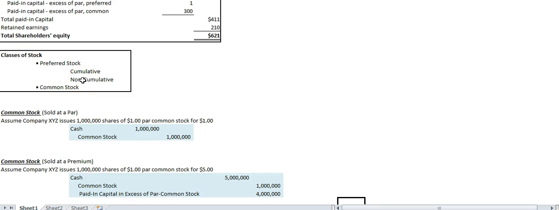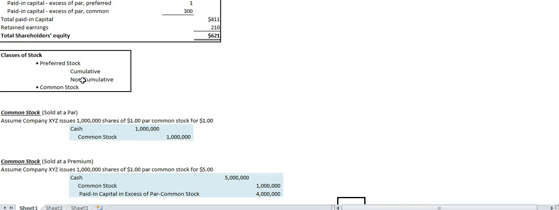Non-cumulative means that it does not accumulate, and that's not as common. Most people are not going to want to buy a preferred stock if it's non-cumulative, okay? That's the positive about preferred stock, is that you get ahead of the line from common stockholders as far as receiving dividends. And if it's cumulative, you almost get a bit of a guarantee that eventually you're going to get your dividends.